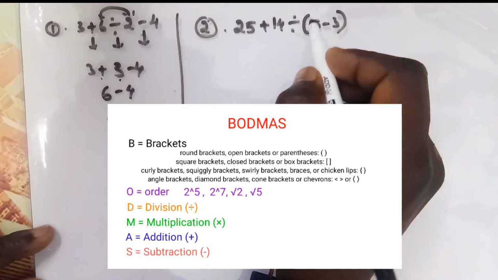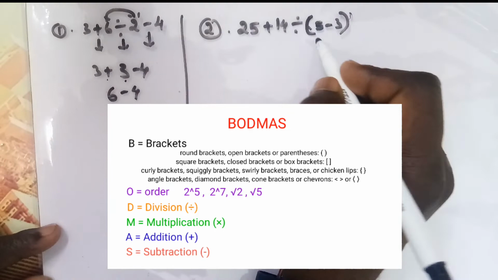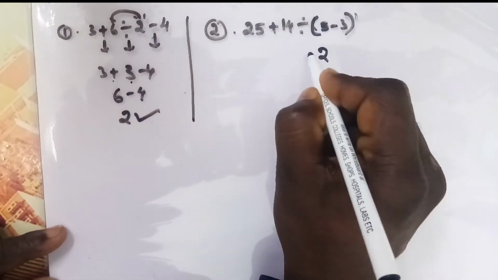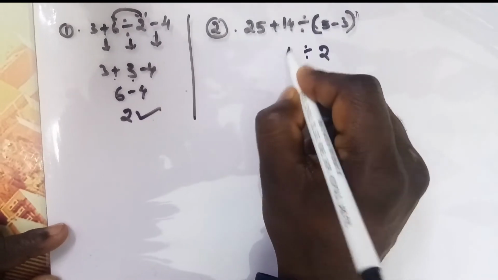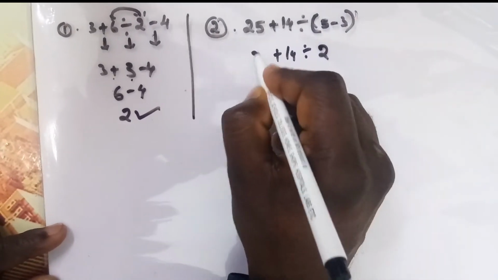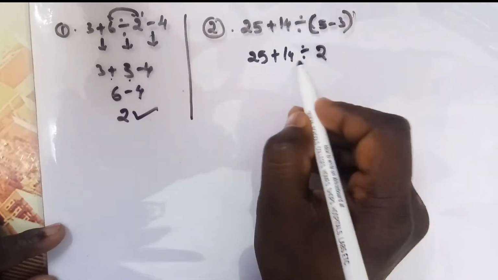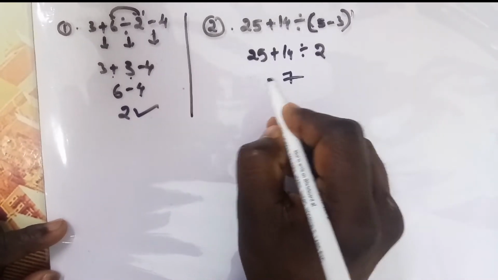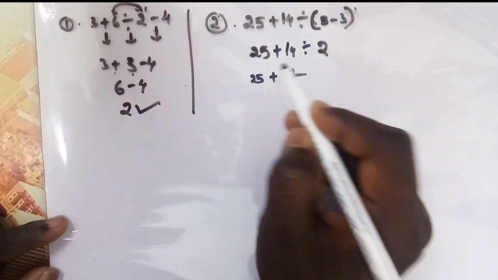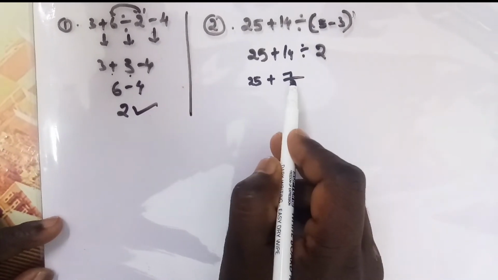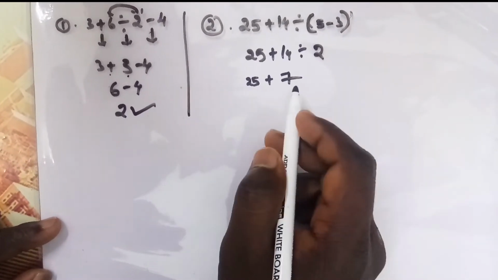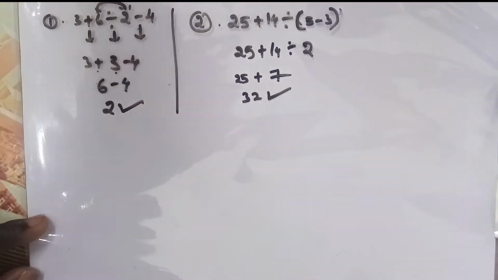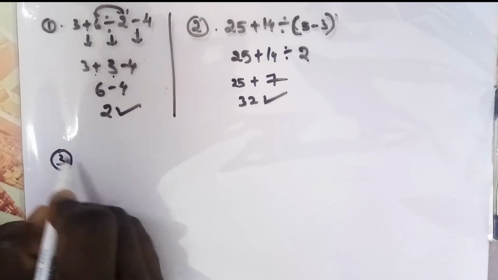First, in the BODMAS rule, we solve the bracket first. 5 minus 3, that will be 2, divided by as it is, 14 as it is, plus as it is, 25 as it is. Then division: we will do 14 divided by 2, that will be 7, plus as it is, 25 as it is. Then 25 plus 7, how much? 25 plus 7, that will be 32. This is the answer.